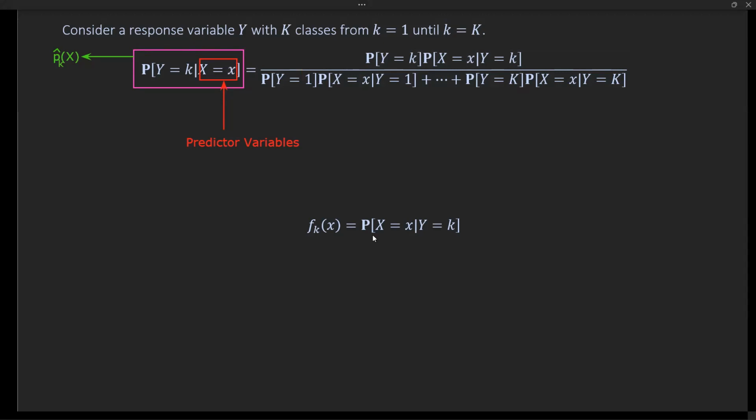Maybe yellow? The pink is flipped into these yellows. We're reversing the conditional order. Instead of the probability of y given x, looking at the probability of x given y.